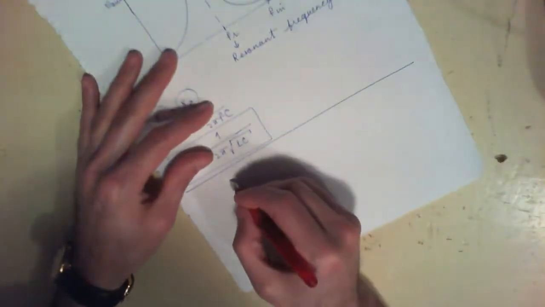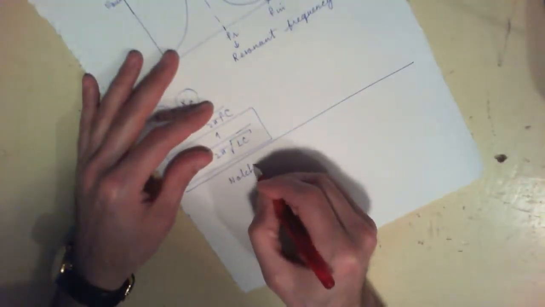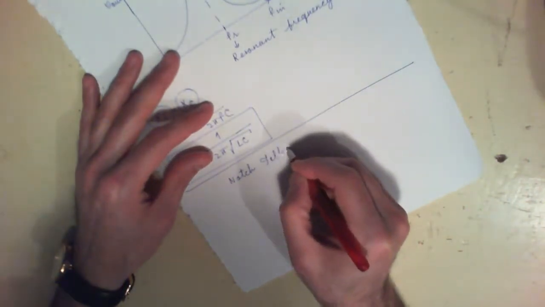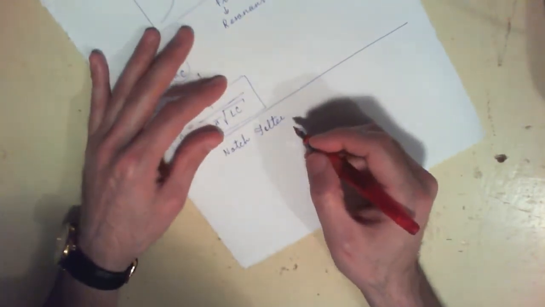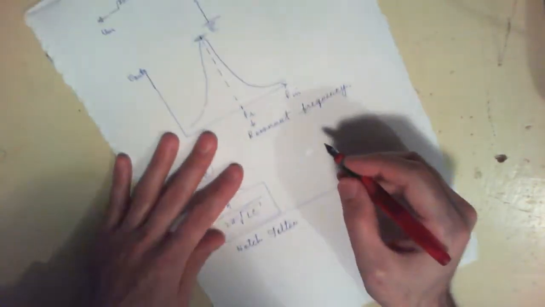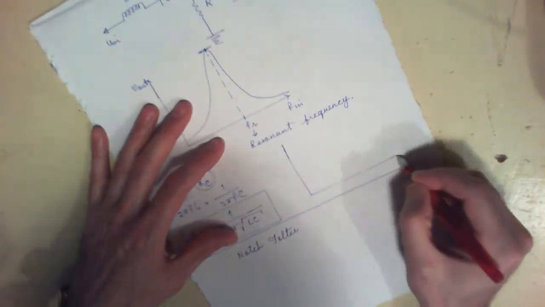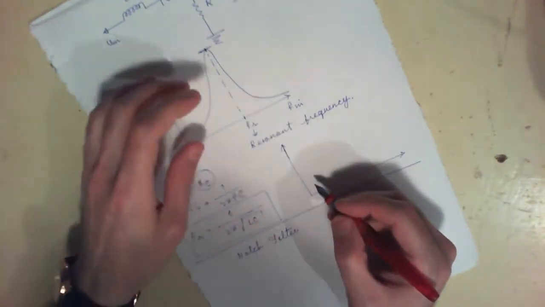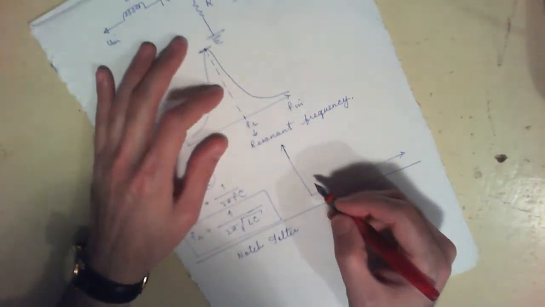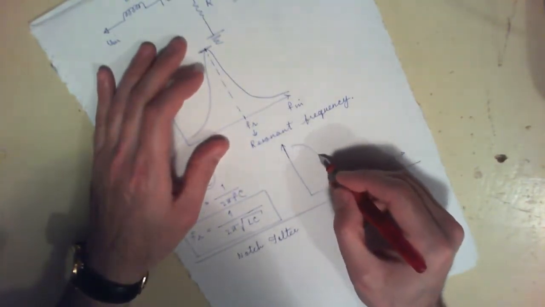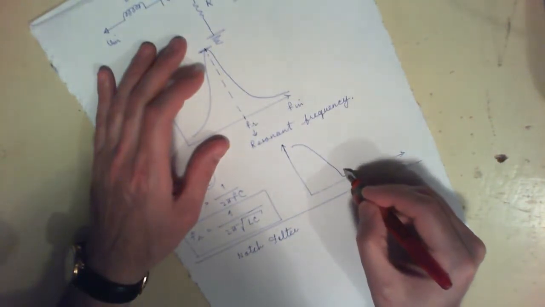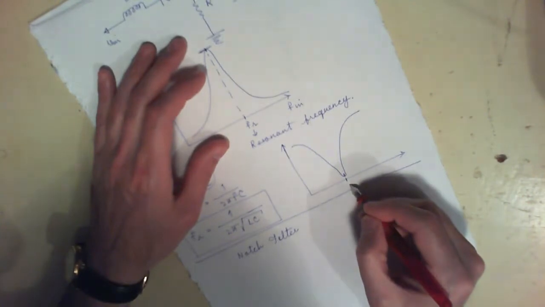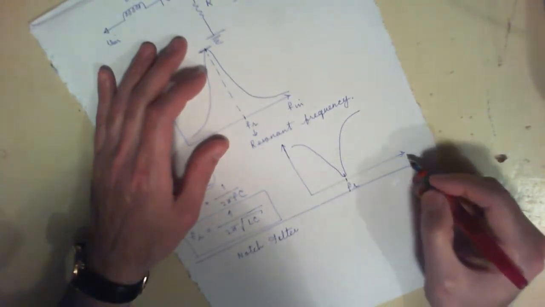So basically a notch filter is some filter whose output is actually something like this, exactly the opposite of the output of this, meaning that it's going to be something like this, and this is going to be your resonant frequency.